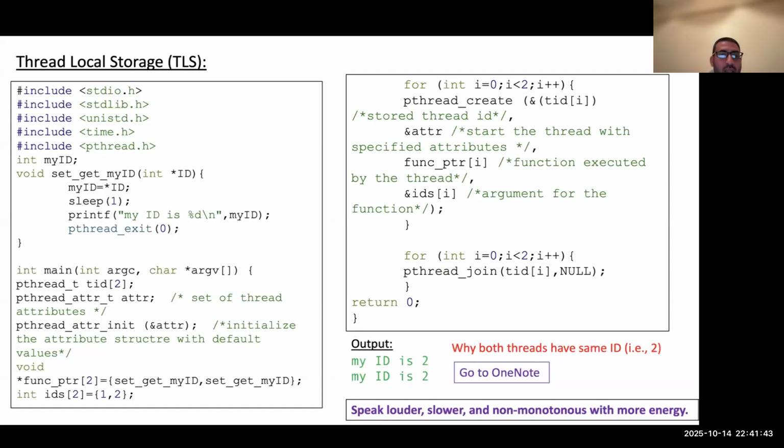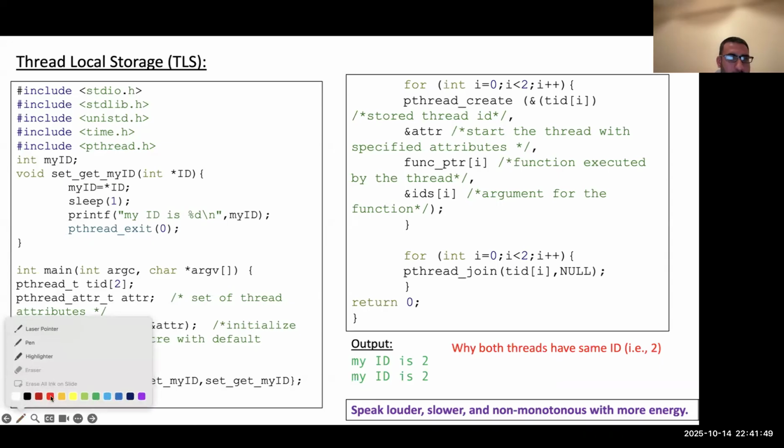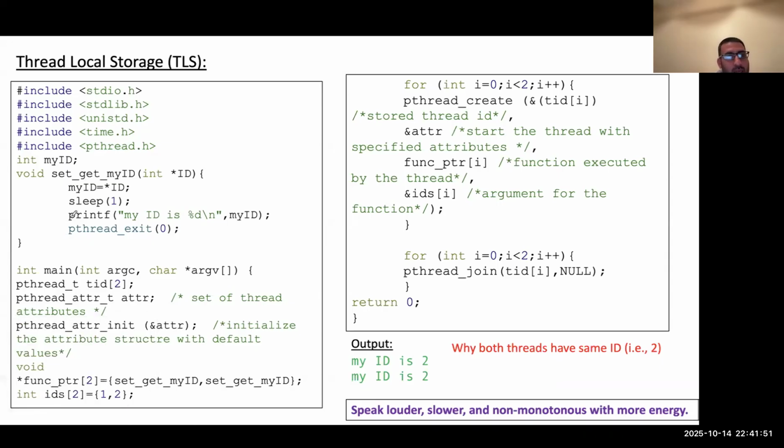Okay, let's start with this example here. Let's start with the main function body. We create two variables of type pthread_t because we are going to create two threads and we need to store their IDs.